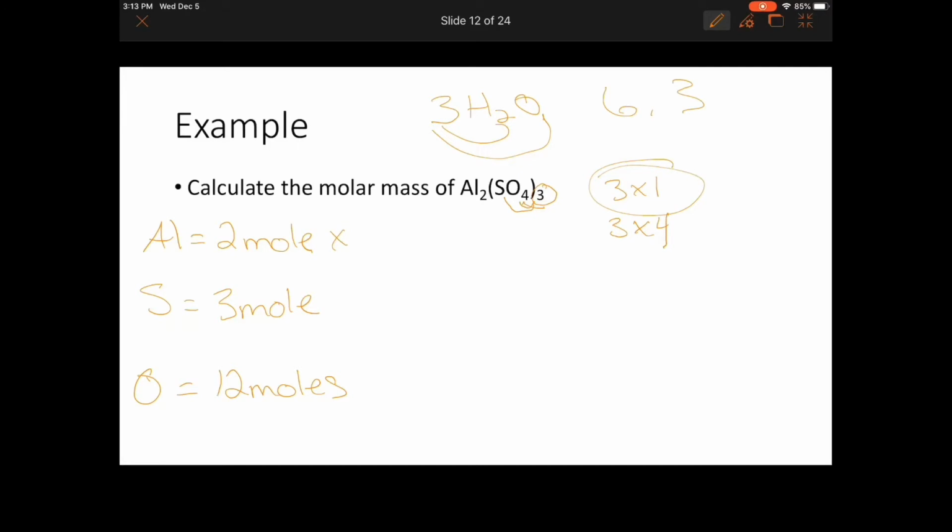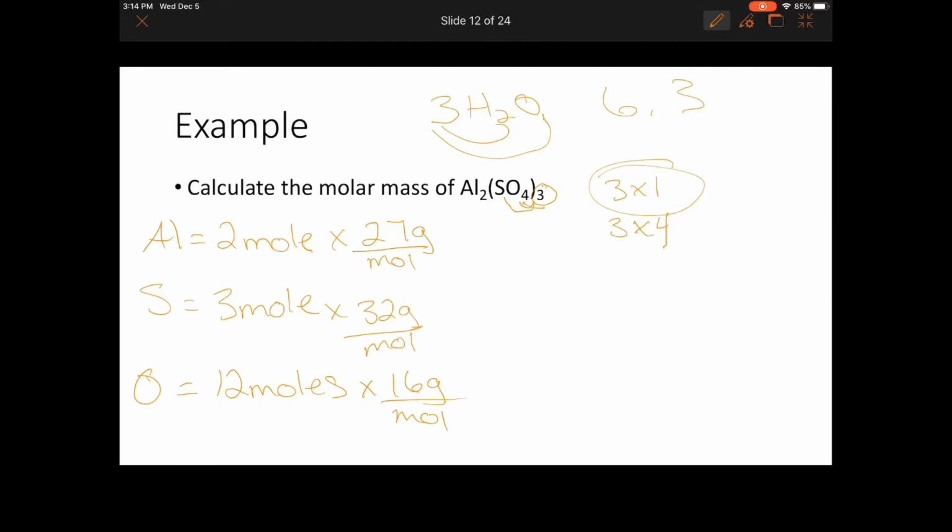Now we have to calculate the mass of each of the elements. We've got a mass of 27 grams for aluminum. For sulfur, we have 32. And for oxygen, we have 16. Now let's do the plug and chug math.